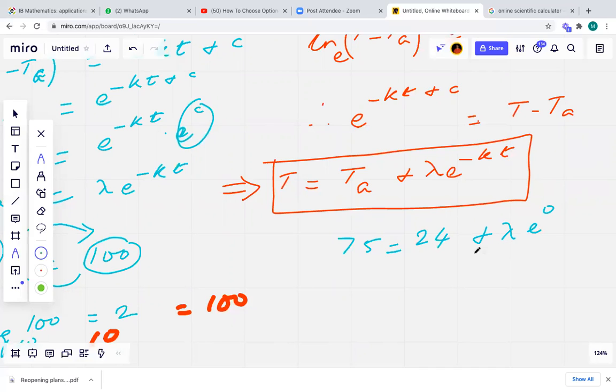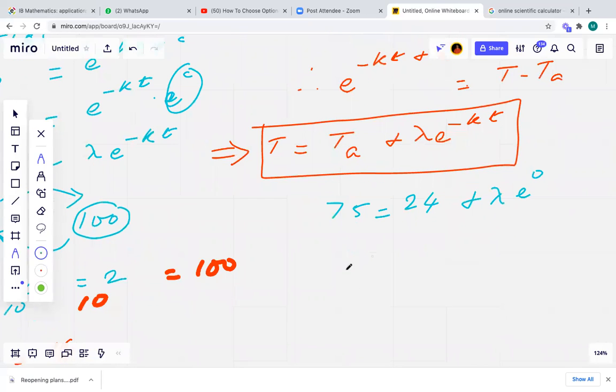When you pour the coffee and start a stopwatch, at t equal to zero the temperature was 75 degrees. So my lambda is 75 minus 24, which is 51.